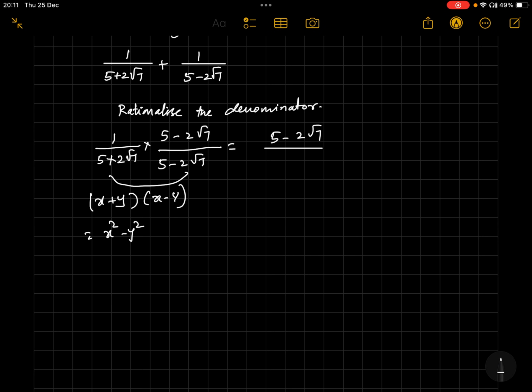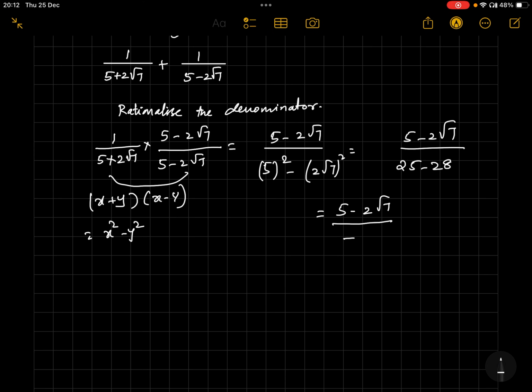Hope you remember this identity. So it is 5 square minus (2 root 7) square, which gives us (5 minus 2 root 7) over 25 minus 28, which gives us (5 minus 2 root 7) over minus 3.